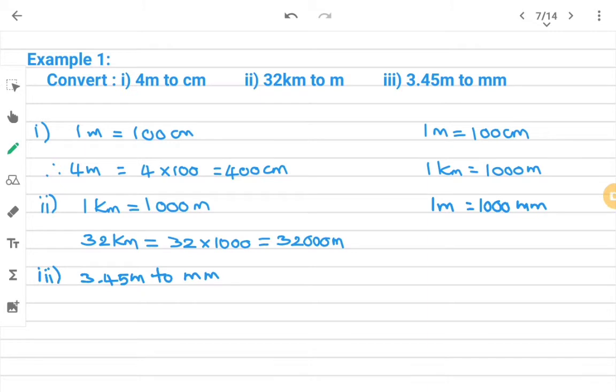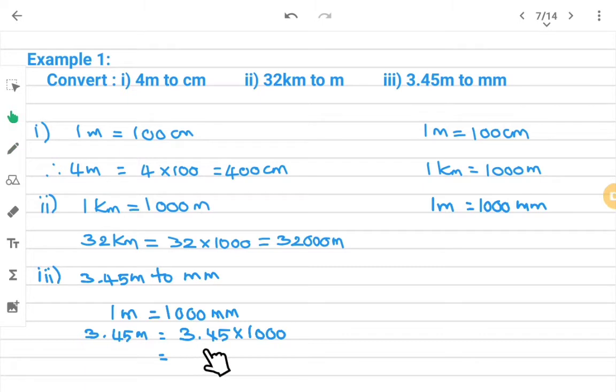Now we know 1 meter is equal to 1000 millimeter. Therefore 3.45 meter is equal to 3.45 into 1000. So what will you get?